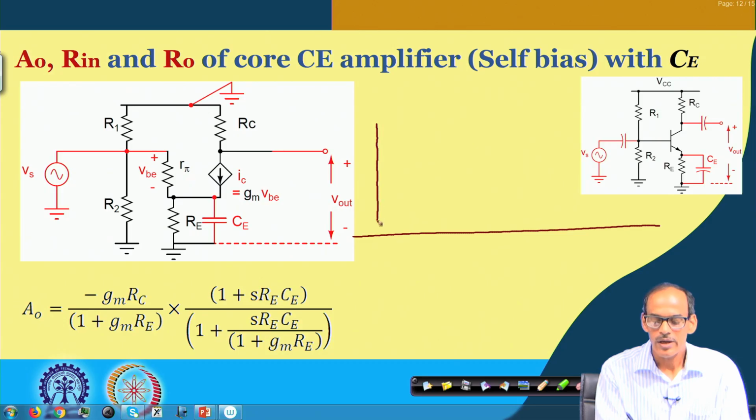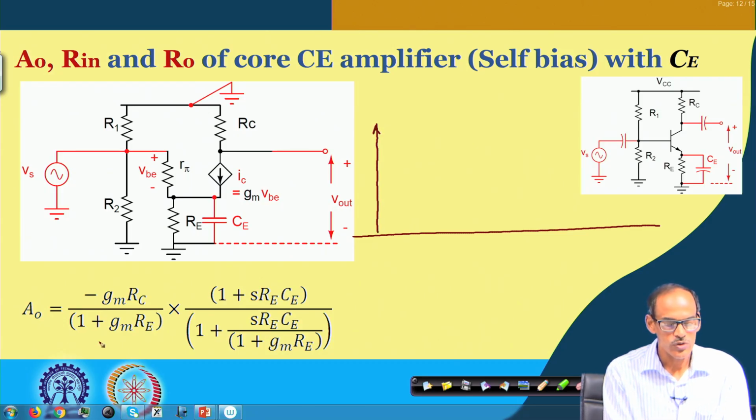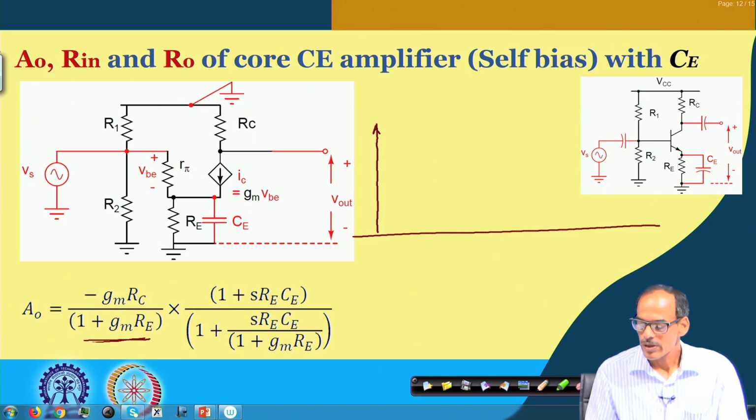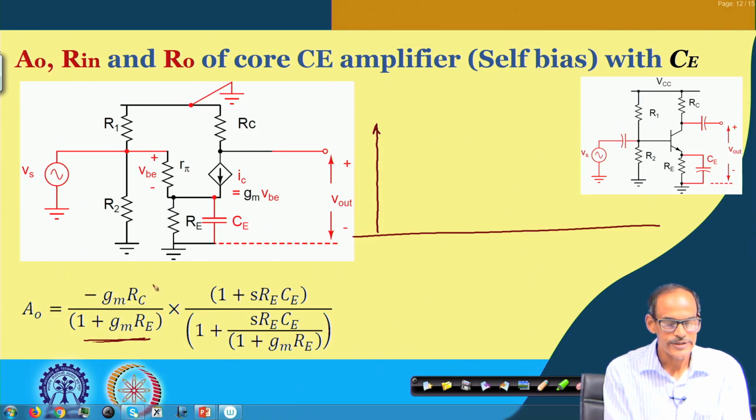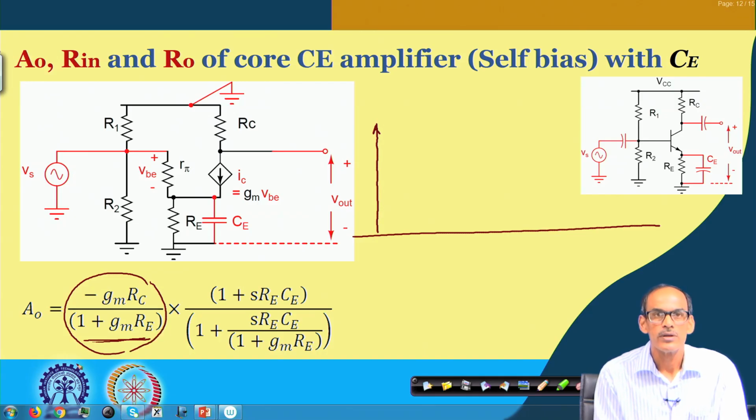A naught has, of course, a low frequency gain something like this, assuming that this part is more than 1. So, we can say that it is above 0 dB, and it has a gain like this.